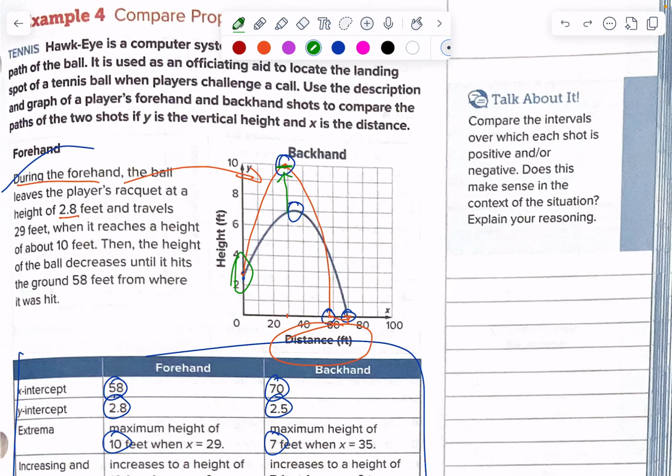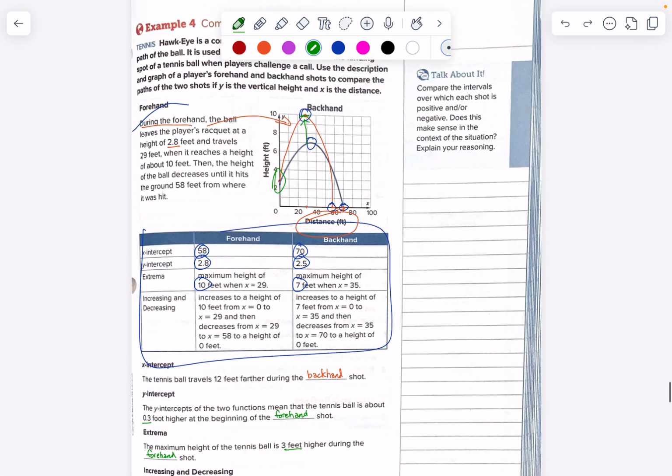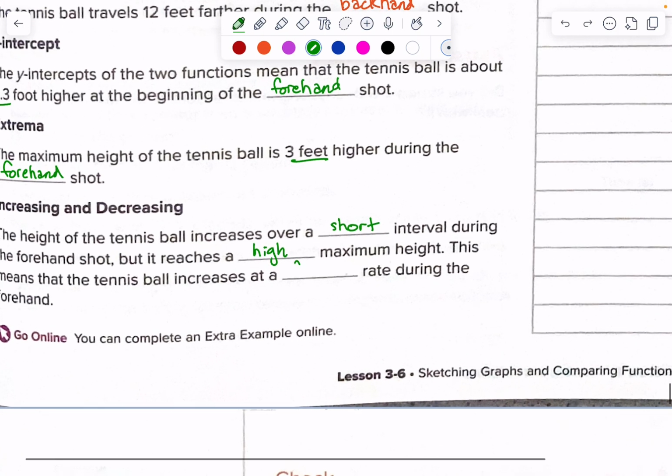So that's why it's going up higher really fast, a short interval during the forehand shot, but it reaches a high maximum height. It's a higher maximum height than the backhand shot. I don't know if these are the correct words, but we have the general idea. This means that the tennis ball increases at a faster rate.